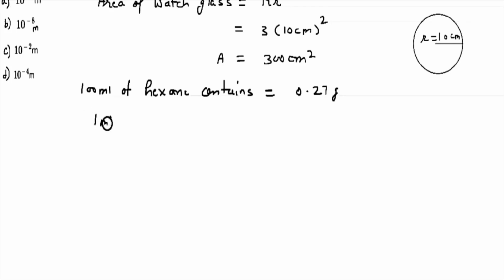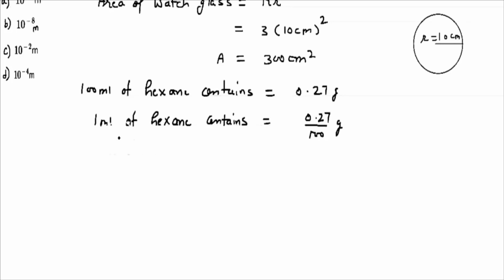So 1 ml of hexane contains 0.27 divided by 100 gram. This is the amount of acid present in 1 ml of hexane.